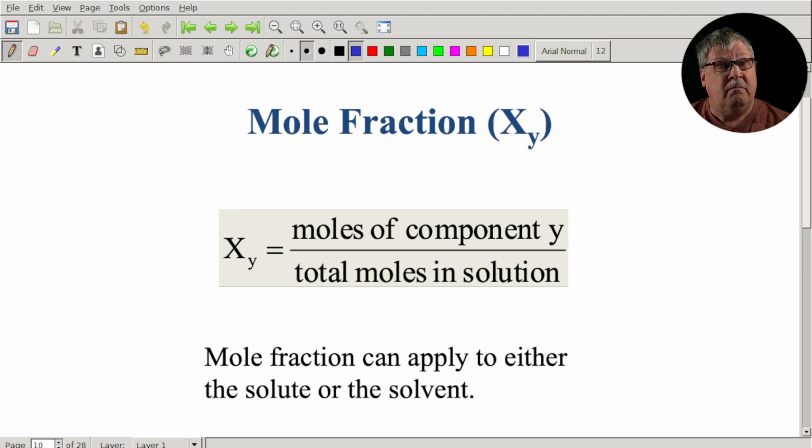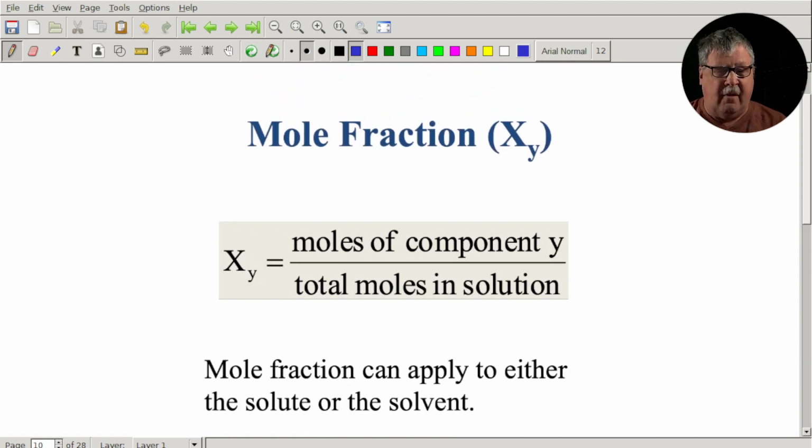You take the moles of whatever substance in question, whether it be solvent or solute, and you divide that by the total number of moles in solution. In the past, you used this to determine partial pressures of gases using Dalton's law of partial pressure. We're going to use a different application here, although this is the one that we'll talk least about in terms of colligative properties.